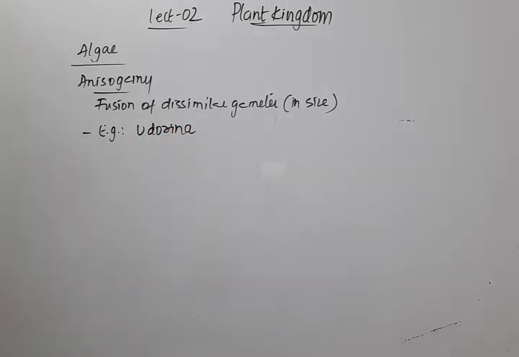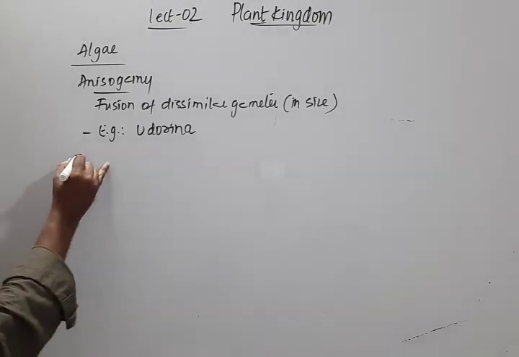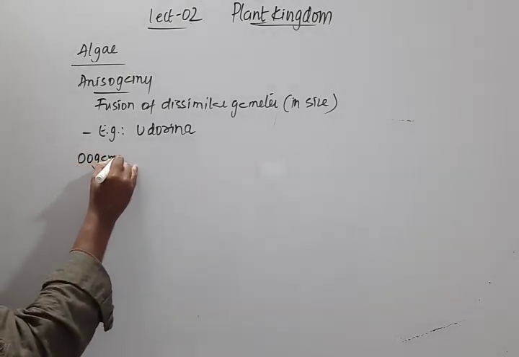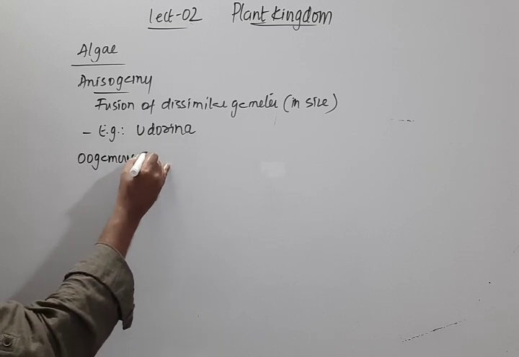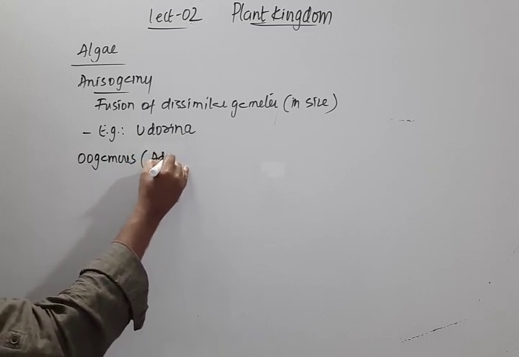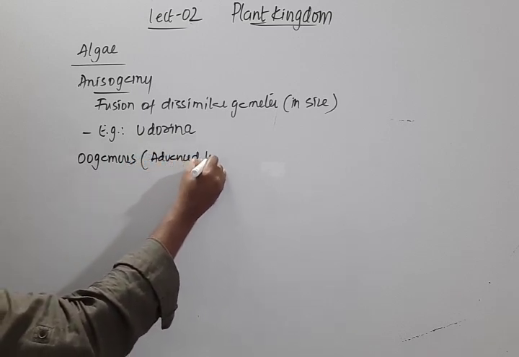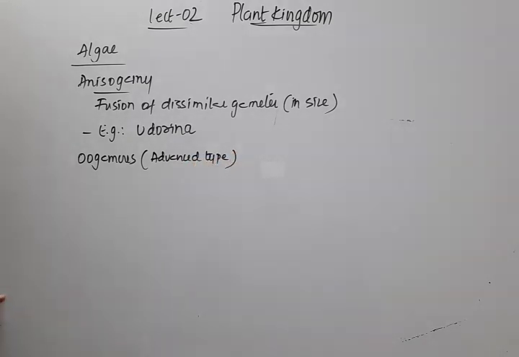And another one is called oogamous. This oogamous is an advanced type. When we compare isogamous, anisogamous and oogamous, isogamous is the primitive one among these three.